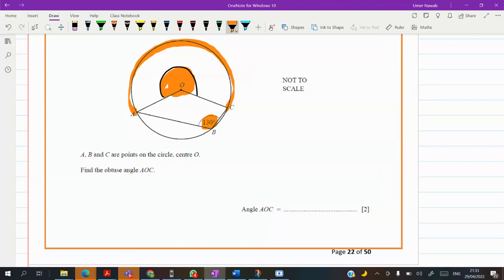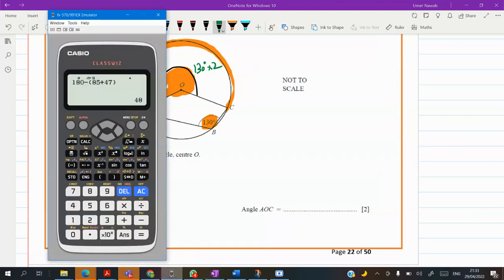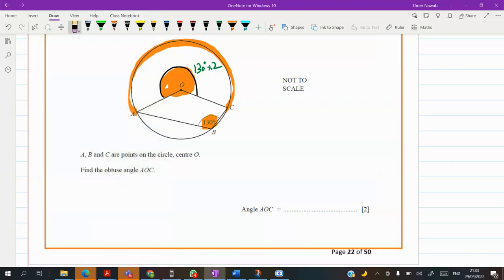So I can say that this angle is 130 times 2, which gives you 260 degrees. So my friend, this angle is 260, the reflex angle. Can I find this angle, which is 360 minus 260, and it gives you 100 degrees. So I'm going to write here 100.